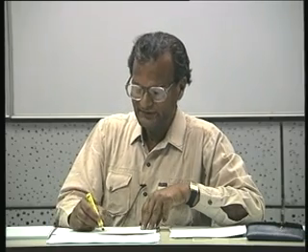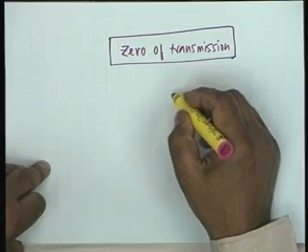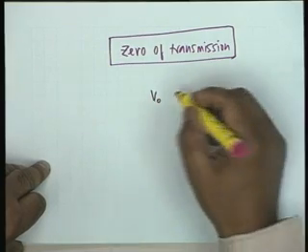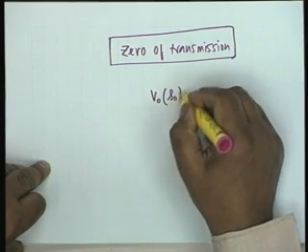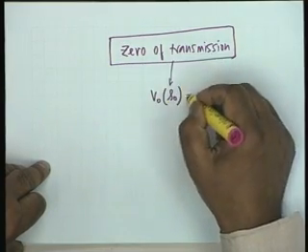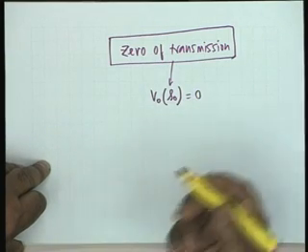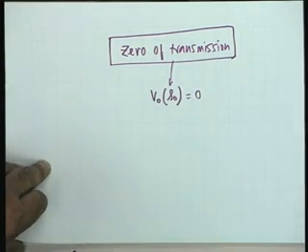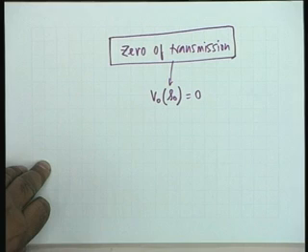A zero of transmission is a frequency at which there is no transmission, that is, the output is equal to 0. If the output is a voltage, let us say V0, then V0 at a zero of transmission, S0, shall be equal to 0. If the output is a current, the current shall be 0.